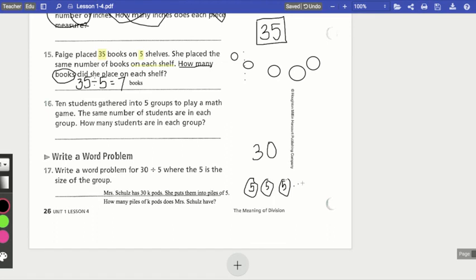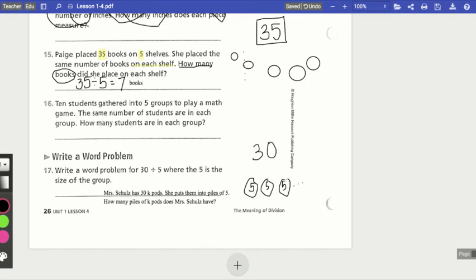Dot, dot, dot, dot, dot. So that's good so far. Is 5 the size of my group? Yep, 5 would be the number in each group. And then does my question restate it with my label? How many piles of K-pods? Boom, yes. So this is my problem.